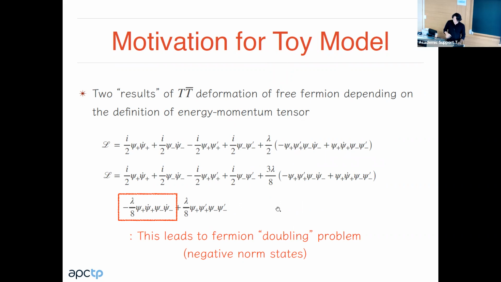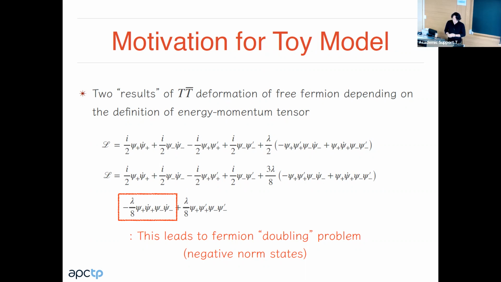You don't have to worry about the details. The other one has a term quadratic in the time derivative, here you have a dot, quadratic in the theta dot. This is a kind of fermion doubling problem, not the doubling problem of the lattice, but you will see soon. So this was our motivation.